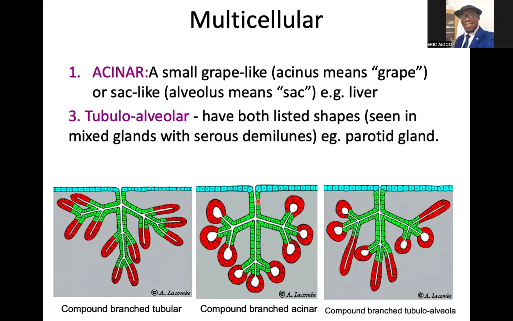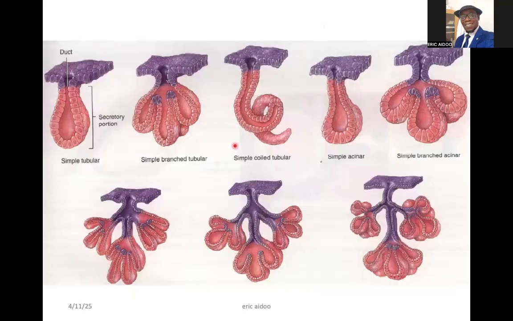Then here too, you have the duct branching, so automatically it becomes compound. So compound branched acinar because the secretory portion is acinar. Then here you have compound branched tubulo-alveolar or tubulo-acinar. Okay, but it's not forming a serous demilune like we see in other glands.